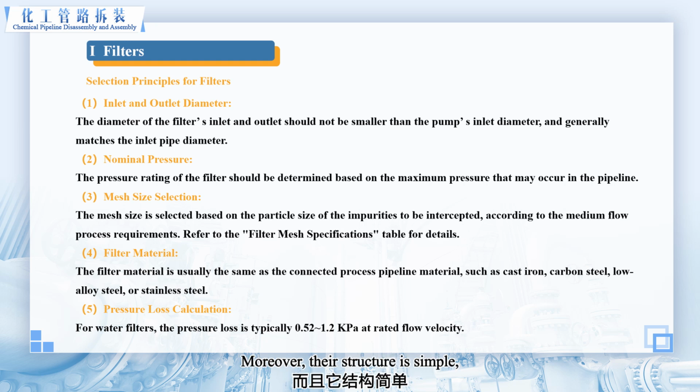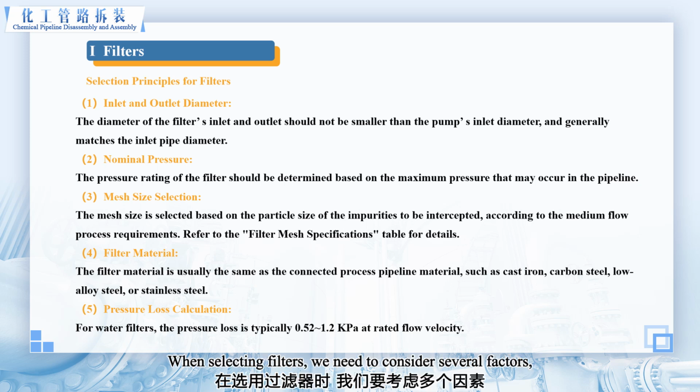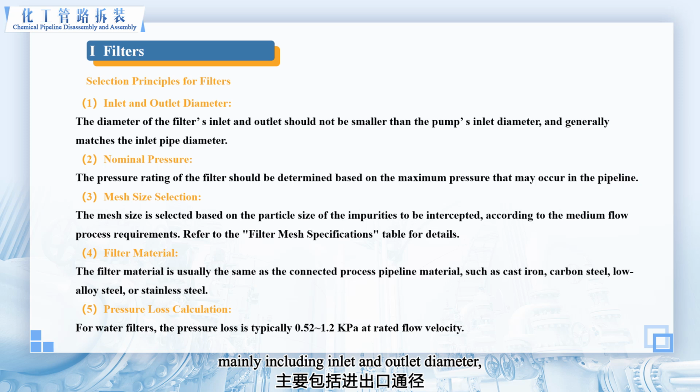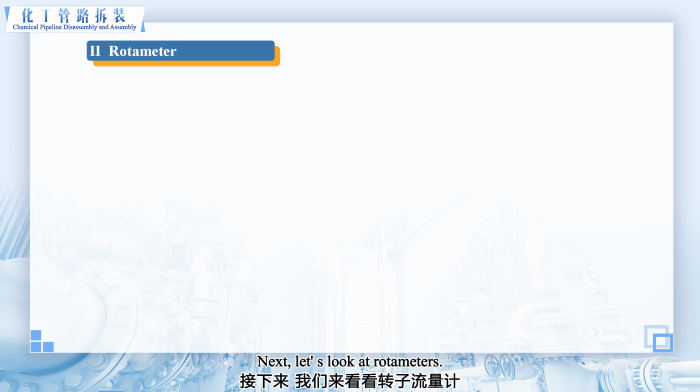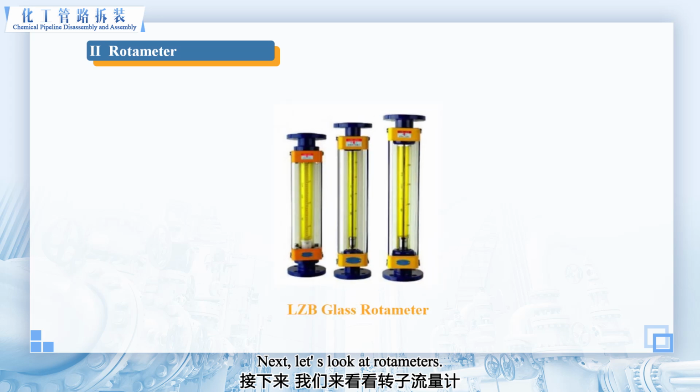Moreover, their structure is simple, and they are easy to install and maintain. However, different types of filters vary in filtration accuracy and applicable fluids. When selecting filters, we need to consider several factors, mainly including inlet and outlet diameter, nominal pressure, mesh size selection, and filter material. Next, let's look at rotameters.